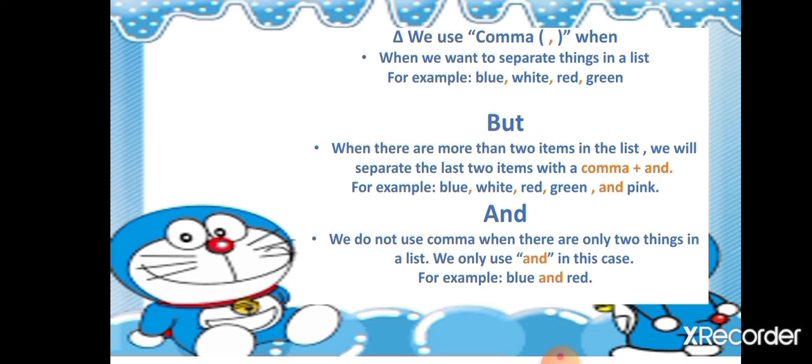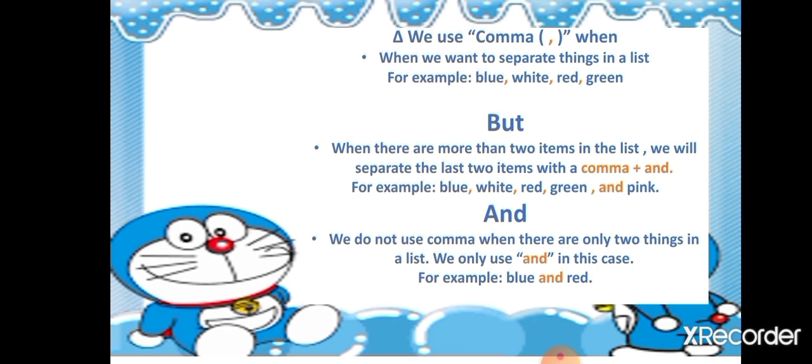When there are more than 2 items in a list and we want to separate them, we will be putting a comma. But for the last 2 items of the list, we separate them by putting a comma and "and" both.